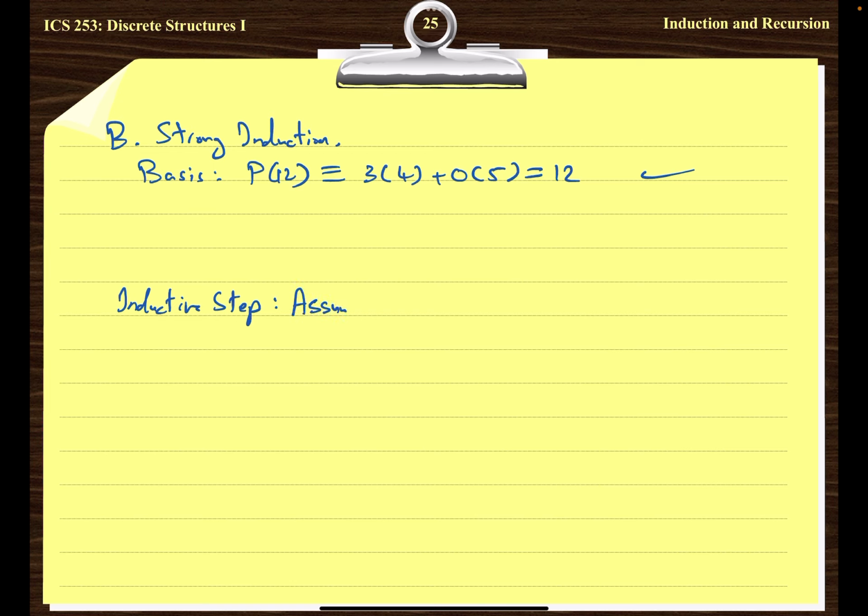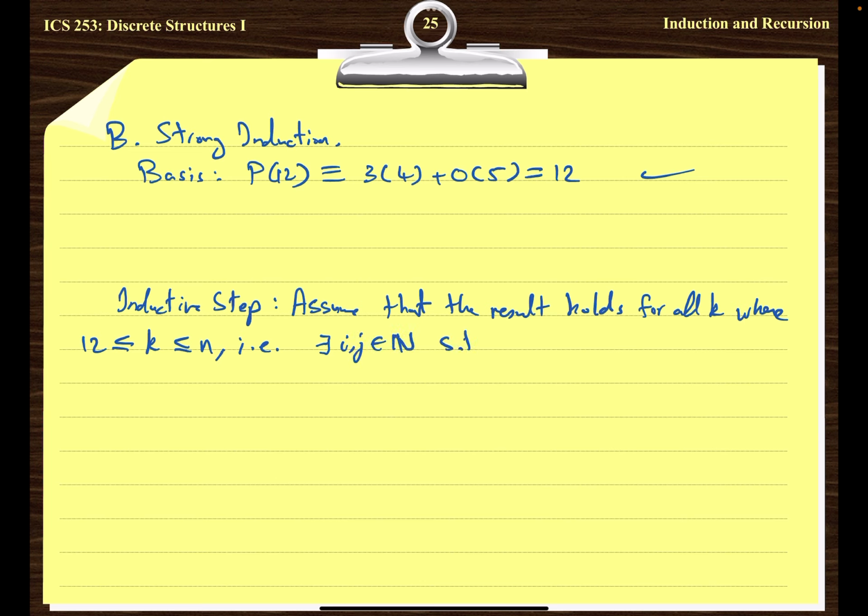Assume that the result holds for all k where k is greater than or equal to 12, less than or equal to n, i.e. there exists i, j in the natural numbers such that 4i plus 5j is equal to k for all these values of k from 12 to n. Okay, right.